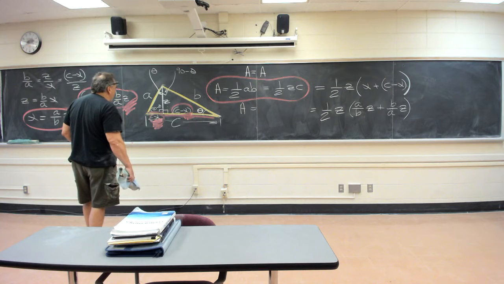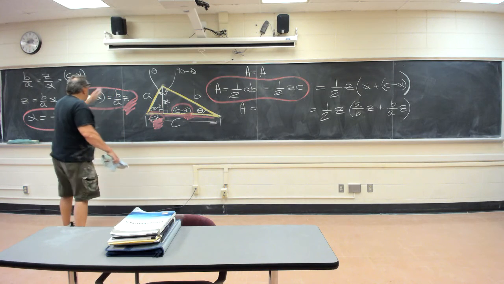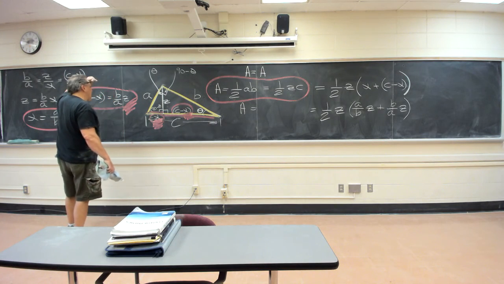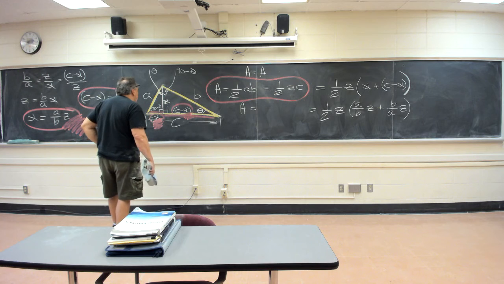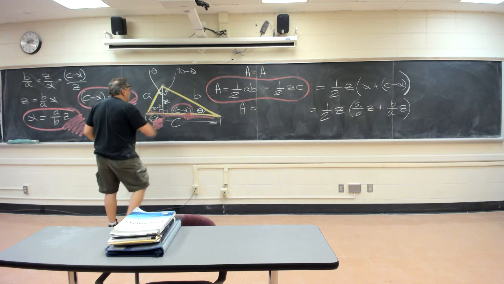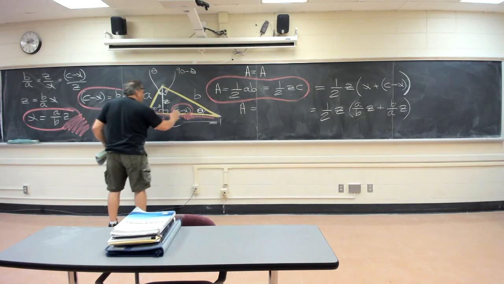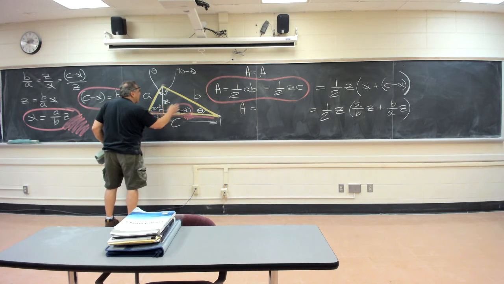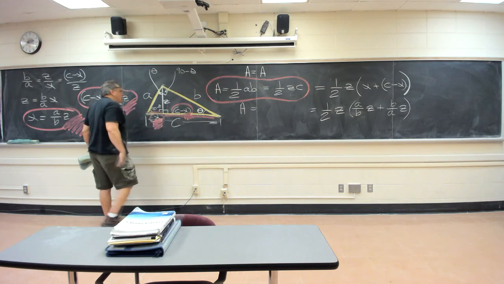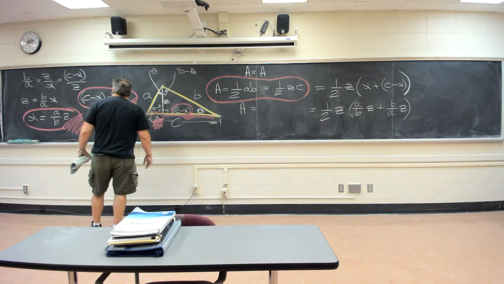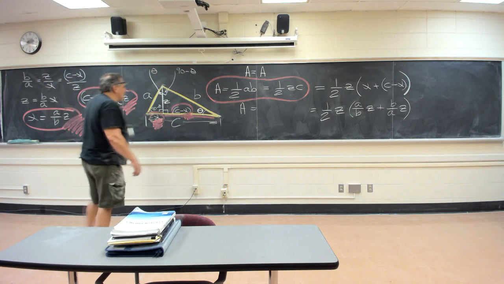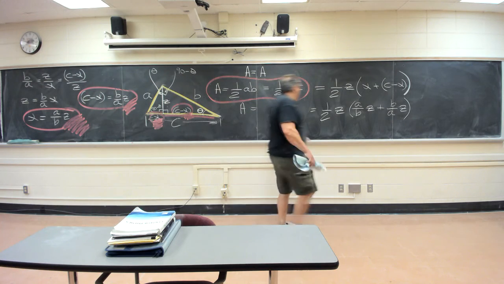So b over a times z is going to equal... Exactly. So b over a, long rise over short run, times z will give you that. Okay, so you got that.